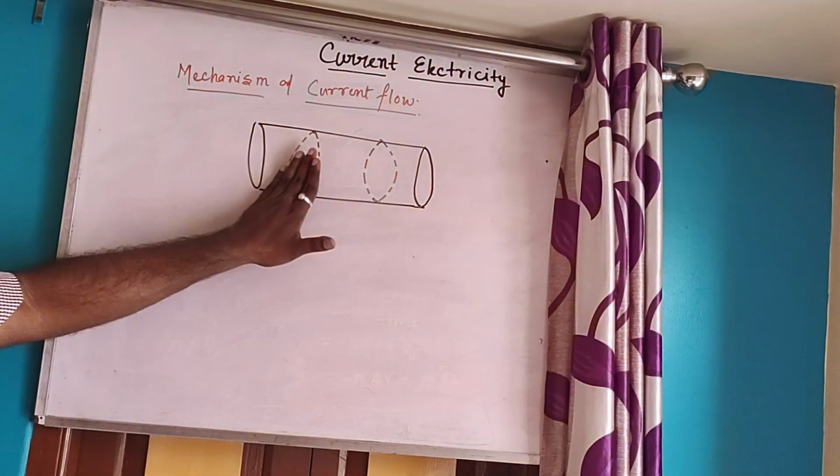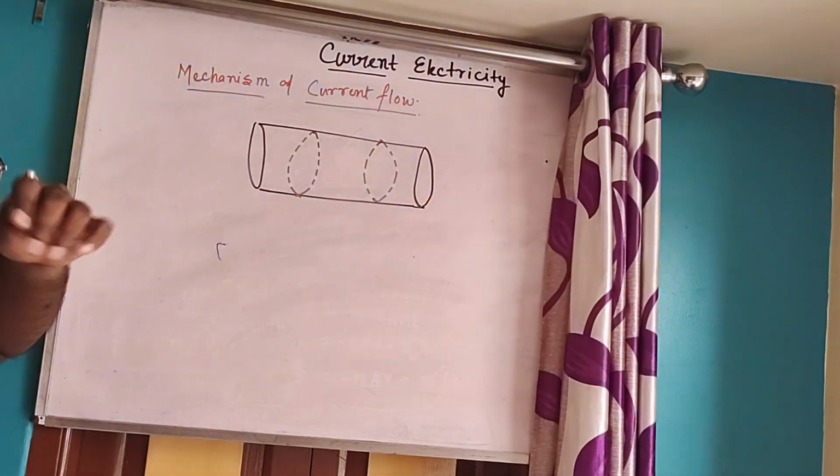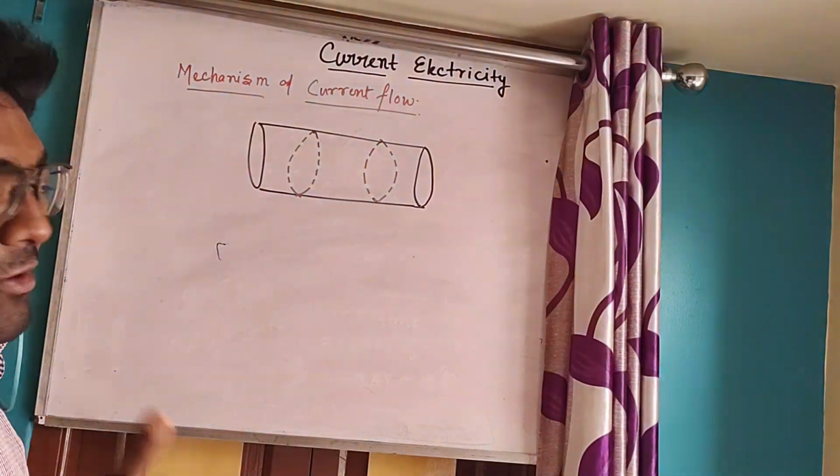So this is one cross section, this is another cross section. Now I have taken a conductor having a uniform cross section.